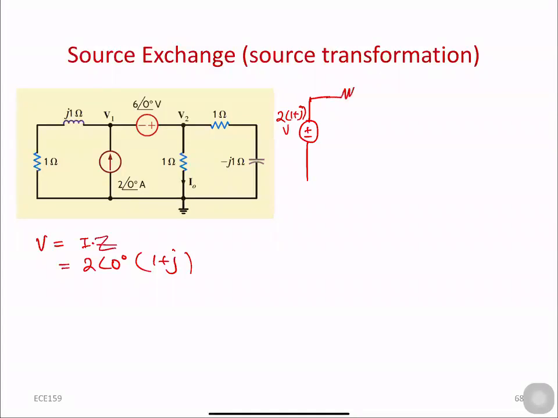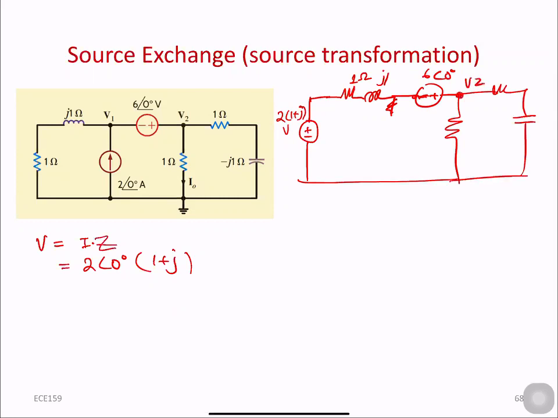So this impedance is already in parallel with the current source, so this is going to be in series with the voltage source. This is 1 ohm, and this is the rule for source transformation: we convert this parallel combination of a current source with the impedance to a series combination of a voltage source and the same impedance, right? And now this impedance will be in series with this voltage source, 6 angle 0, and this is the circuit. We are just redrawing it.